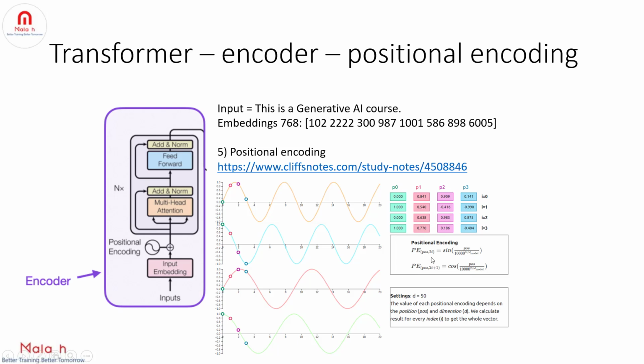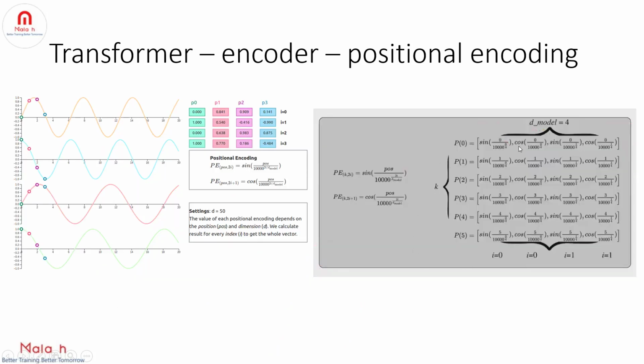Here pos means the position of the word, and i is nothing but either sine of 0 or cosine of 0. So you can see sine and cosine, and again for the first index sine and cosine, right? So for each index 0 and 1, we'll do sine cosine, right? This is how we'll calculate the positional encoding. Here sine and cosine as a pair we are trying to calculate for each embedding. Let's assume position 0, right?